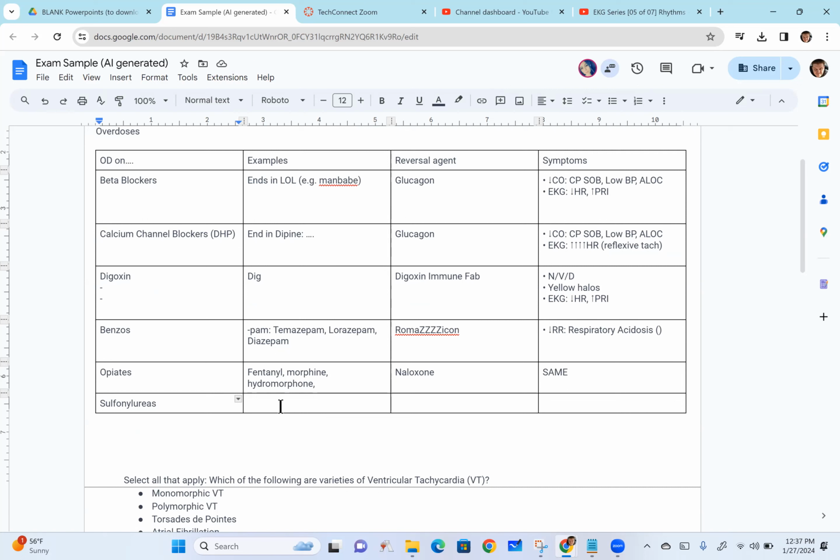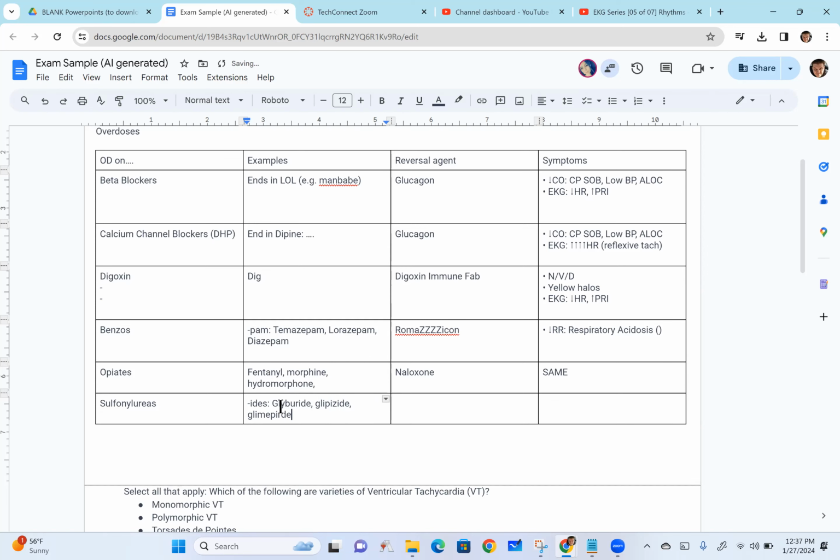All right, sulfonylureas we mentioned. What are the examples of sulfonylureas? Those are the ides, right? So they're glyburide, glipizide, glimepiride, right? Usually they start with a G, ide, because there are also the glutides. Don't get confused.